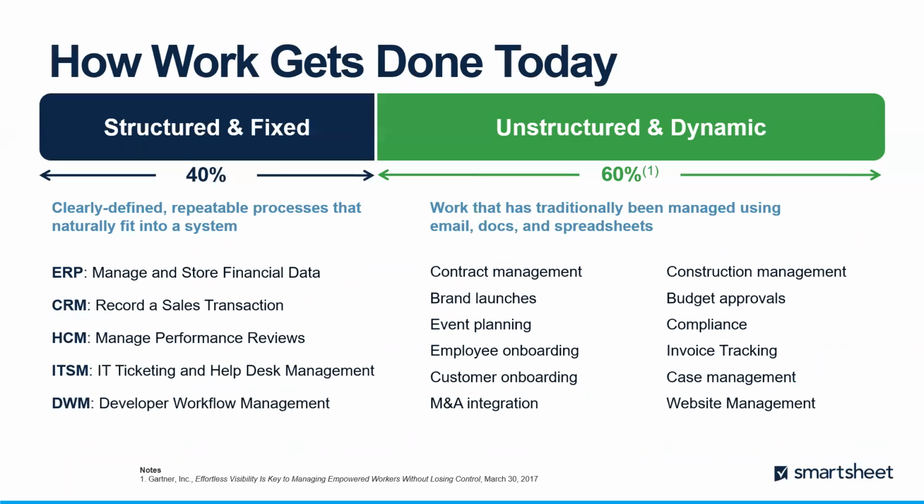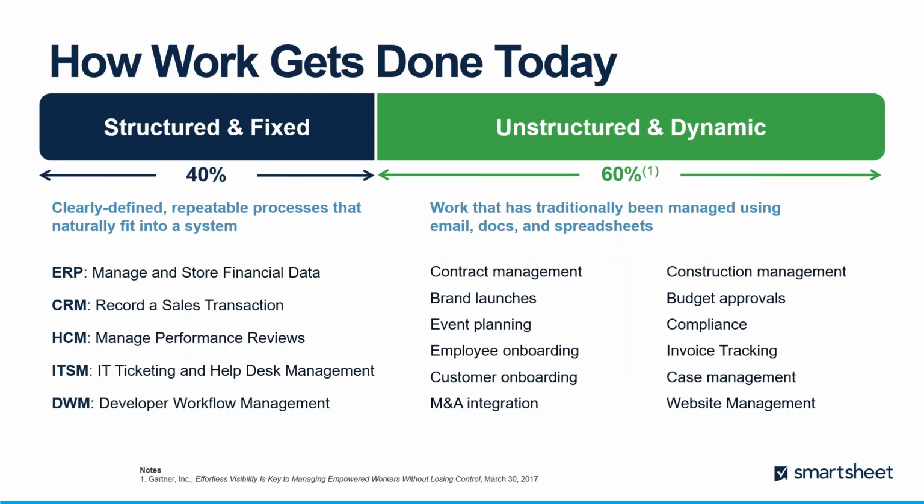It's pretty well established. When we look at how work gets done today, this comes from a Gartner study, but about 40% of work is structured and fixed. So it's clearly defined, repeatable process, and those naturally fit into a system like your ERP or your CRM or your human resources.